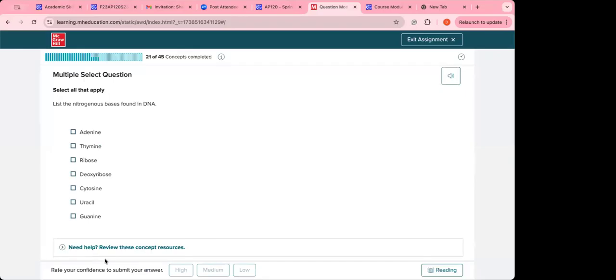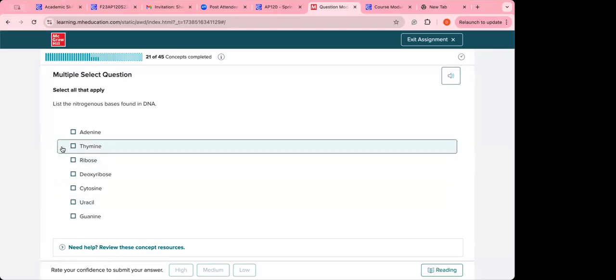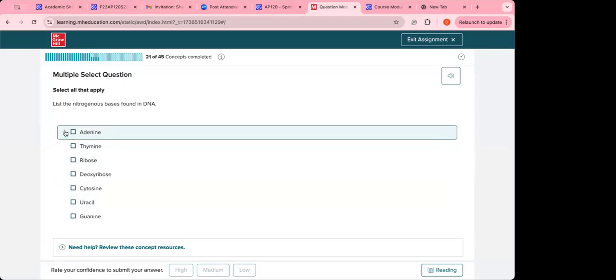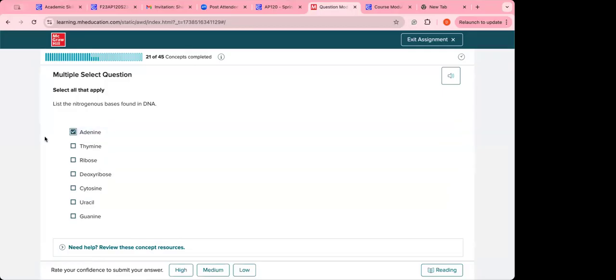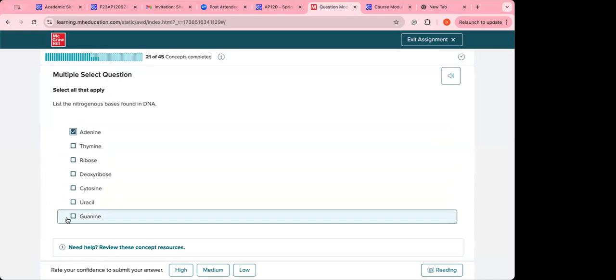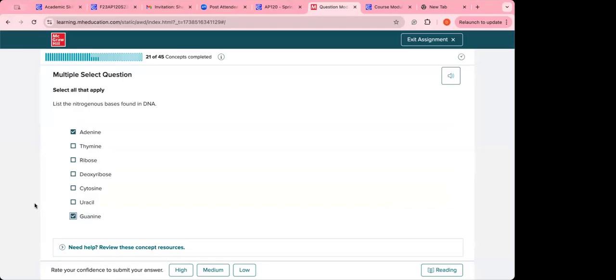Do you remember what they are? Adenine, guanine, right? 2 more.